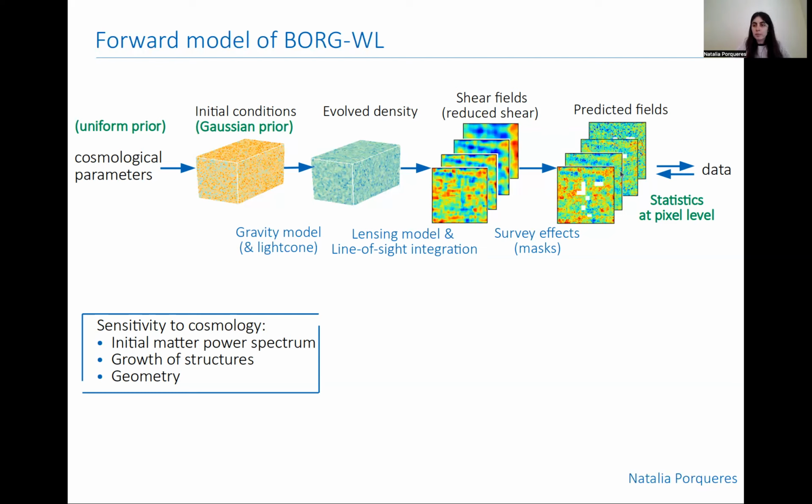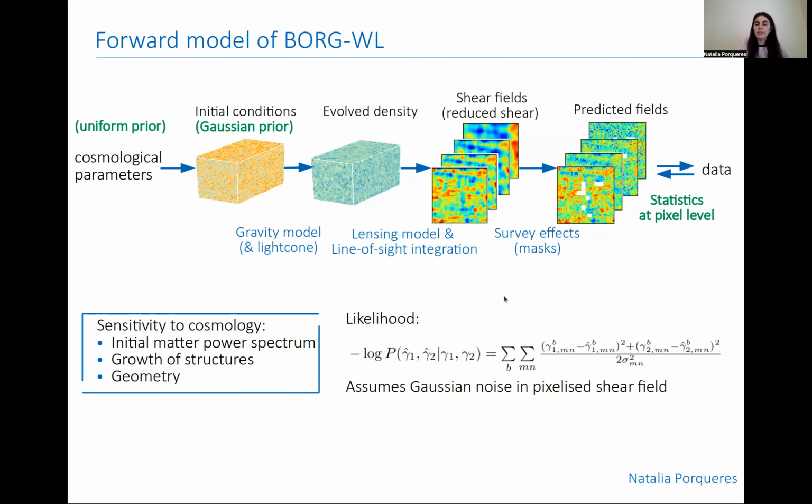Okay, so once we have the predicted shear fields, we compare them to the data pixel by pixel. So we have a likelihood that runs over the different tomographic bins, the different redshift bins here, and over the different pixels on each one of these maps. Here we have the difference between the data and the model that comes from evaluating this entire forward model for the two components of the shear.